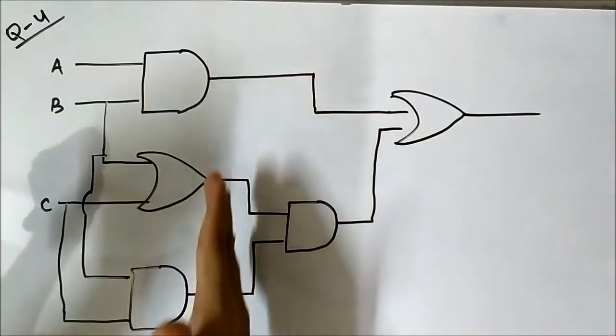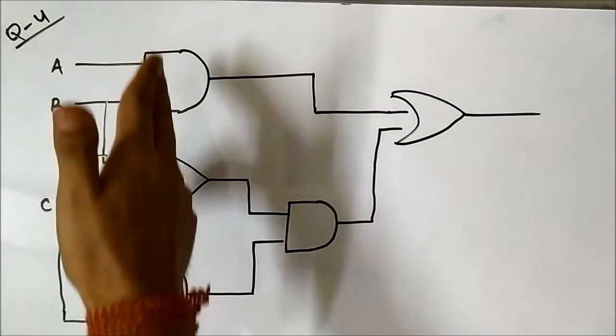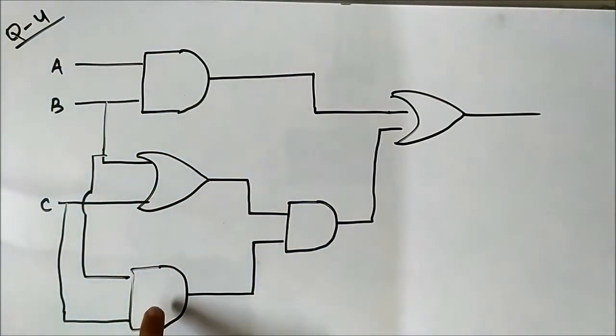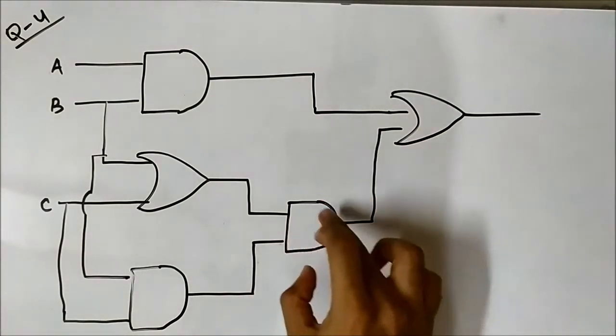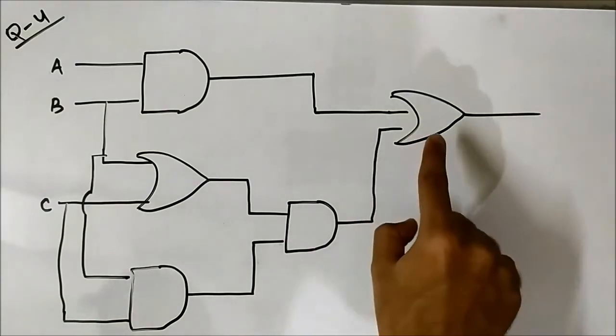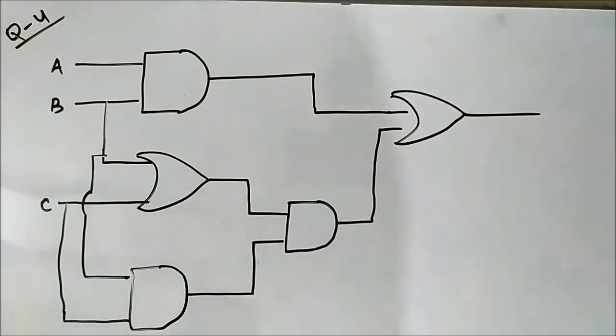So in the first level, we have these three gates: the AND gate, the OR gate, and again the AND gate. Then in the middle level, we have this AND gate, and then at the end we have this OR gate.